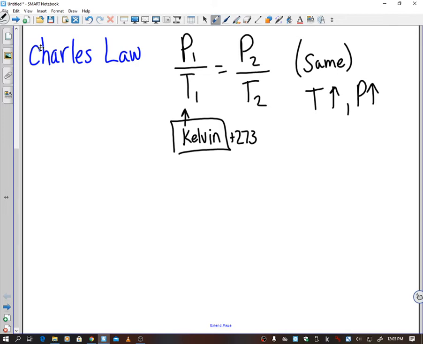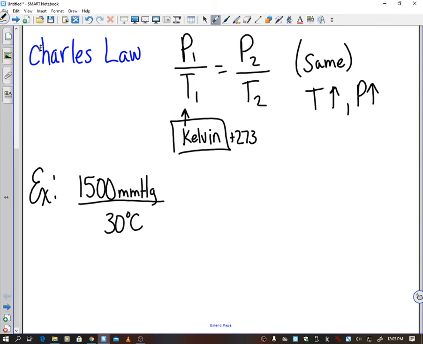So let's say that for an example problem, they tell you, hey, you have an initial pressure, and I'm going to use millimeters of mercury because that is a possibility. They may not give it to us in ATM, but let's say they tell me that I have 1,500 millimeters of mercury. That's my initial pressure, and my initial temperature is 30 degrees Celsius.